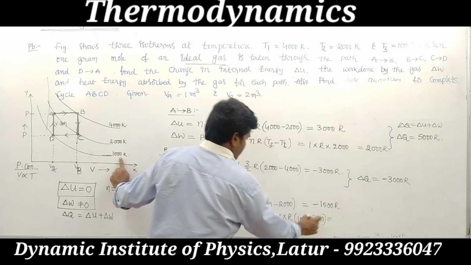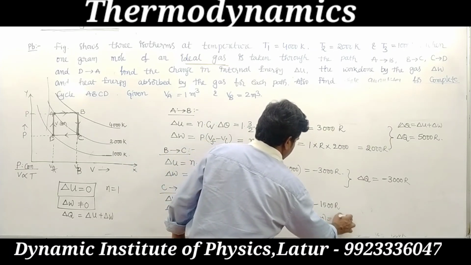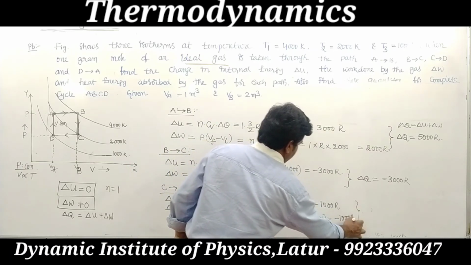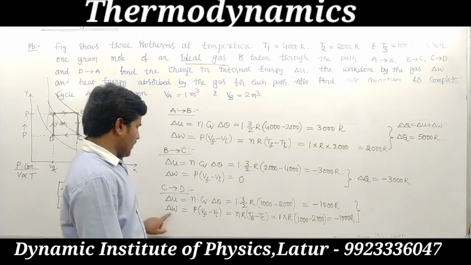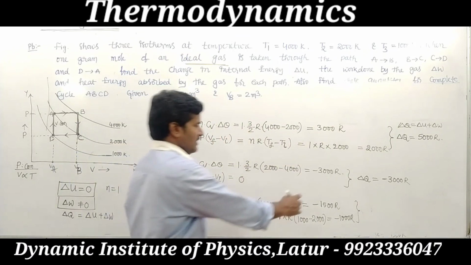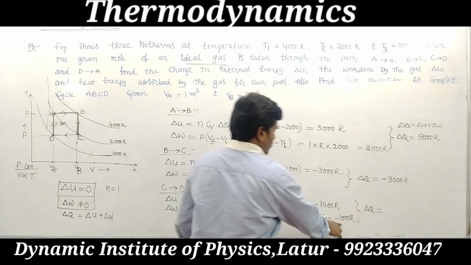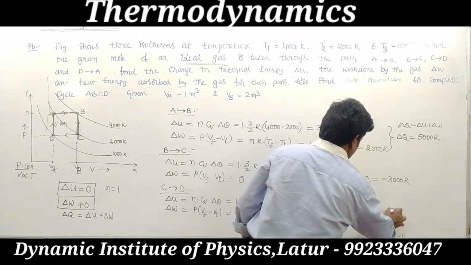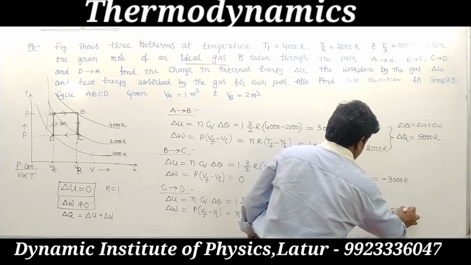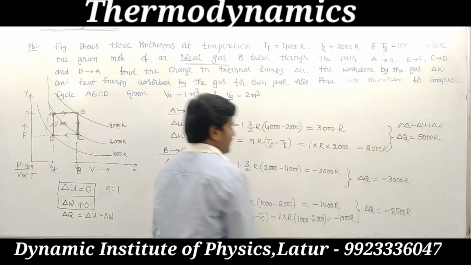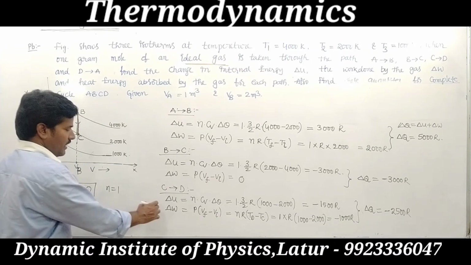Its value becomes minus 1000 R. So work done equals minus 1000 R. This is the total heat, delta Q equals minus 1500 minus 1000, that is minus 2500 R.